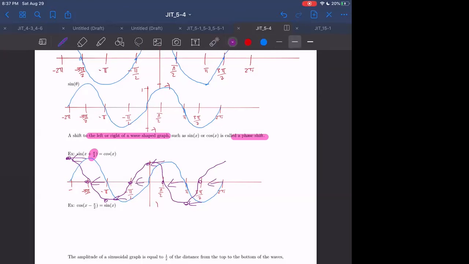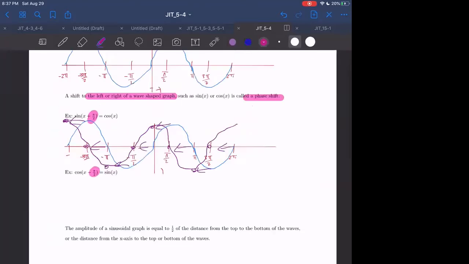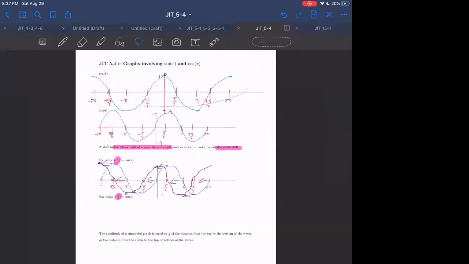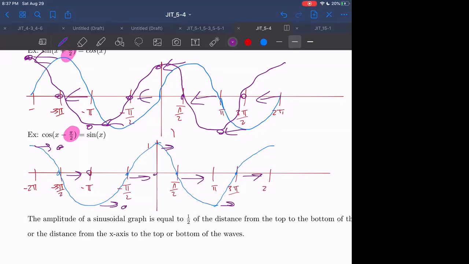I can take the cosine graph and shift it to the right by pi over 2, and it's going to give me the sine graph. If I copy this down here, I got my cosine graph, and I'm going to take everything to the right pi over 2, and you'll see the sine graph up here.